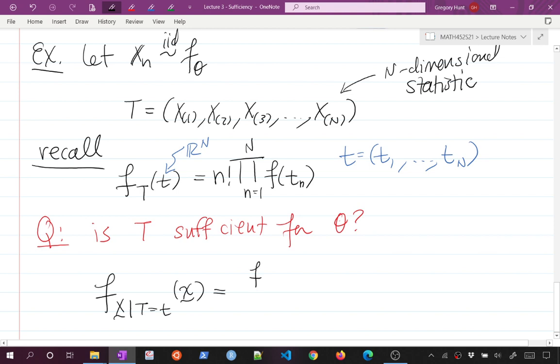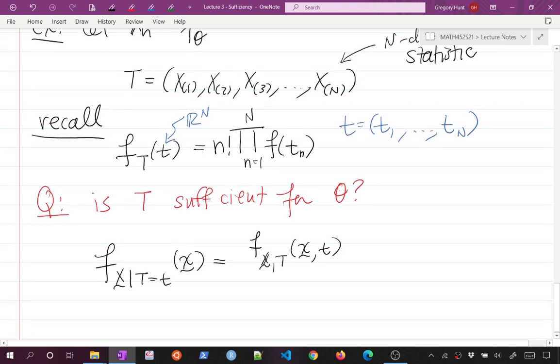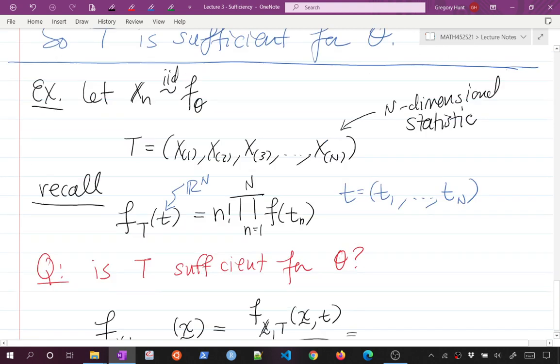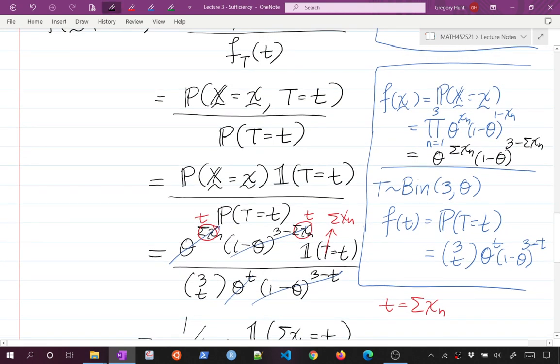So again, we can look at the joint distribution of X and T at little x, little t, over the marginal distribution of, well, the distribution of T. And again, last time we made this big deal about this indicator function.